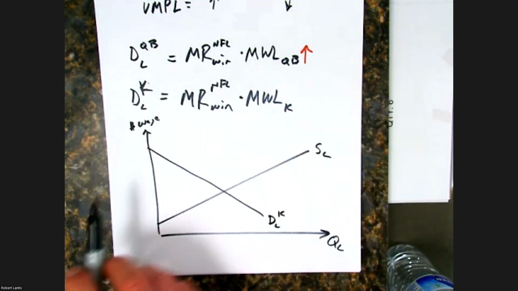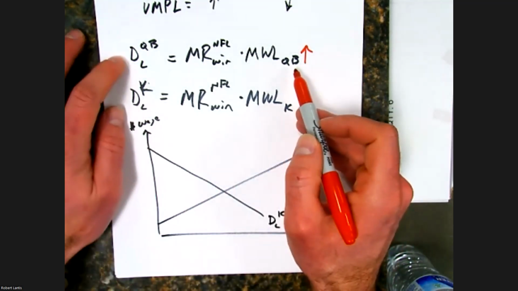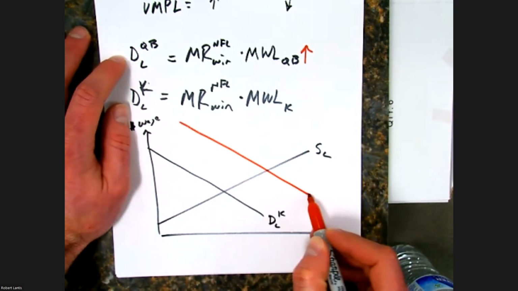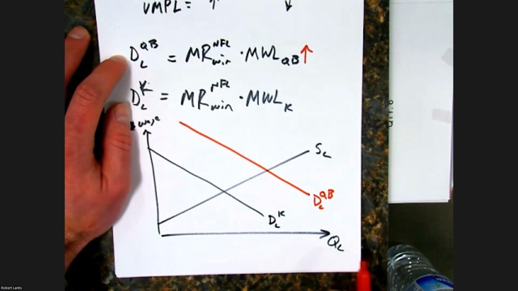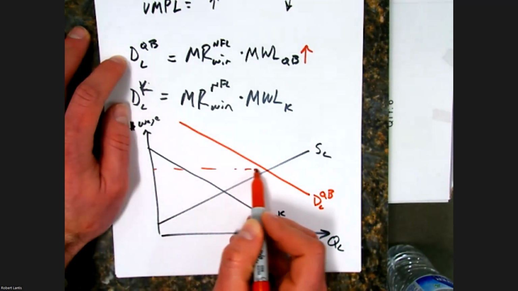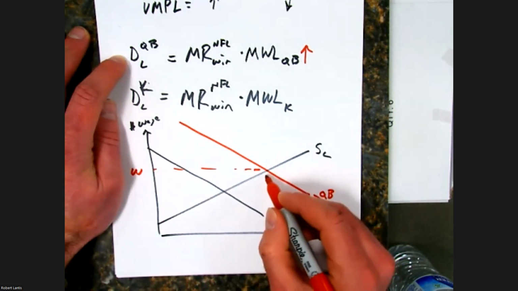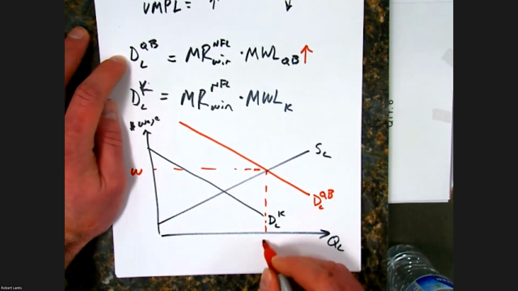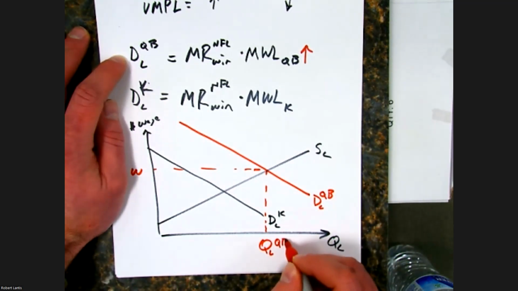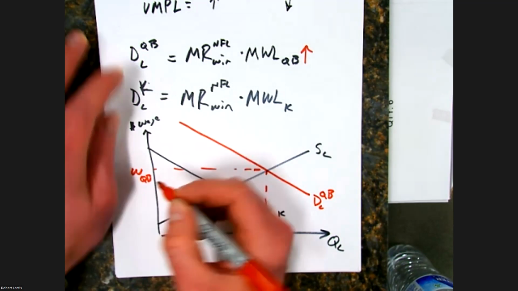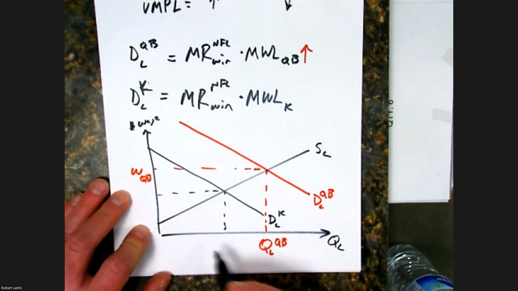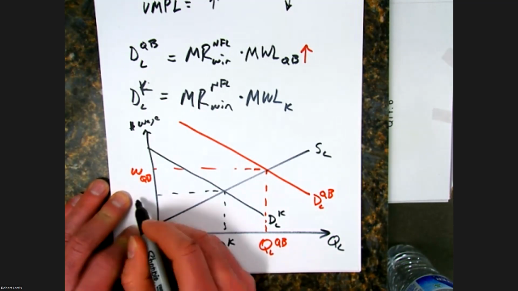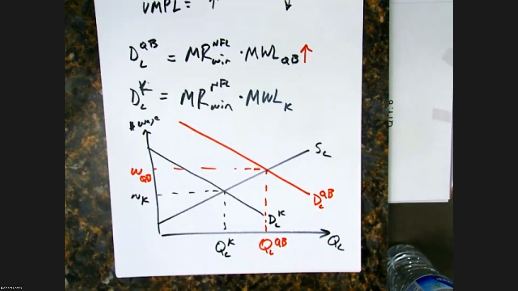If the marginal wins coming from quarterbacks is going to be higher, then I also know my demand curve for quarterback labor is going to be higher, which predicts not only that I see higher wages for these quarterbacks compared to kickers, but I also see a higher quantity that a team would want to add, right?